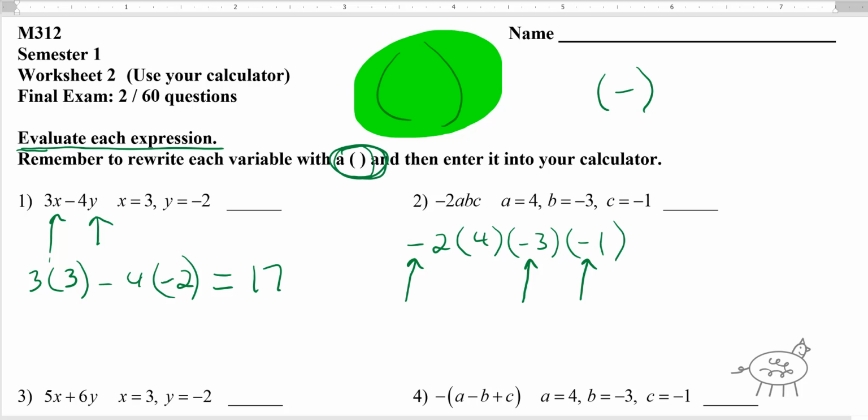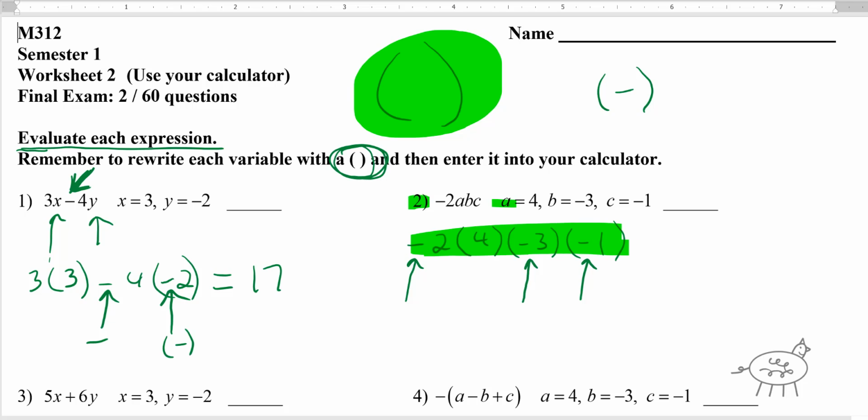If it's subtraction, like this is subtraction right here, then you'll use the minus sign. So again, this is the negative, and this is the subtraction sign. If you type all this in your calculator like that, you will get negative 24.